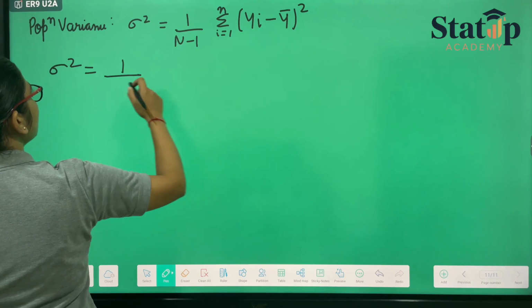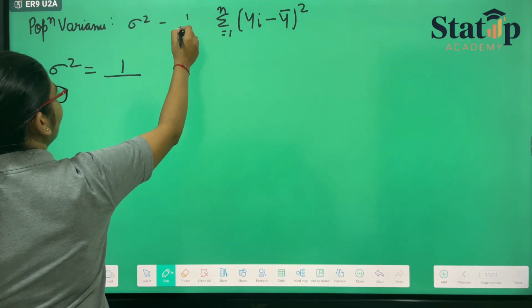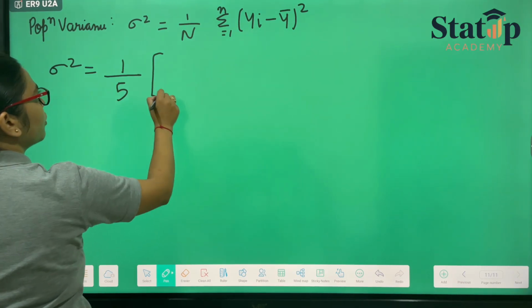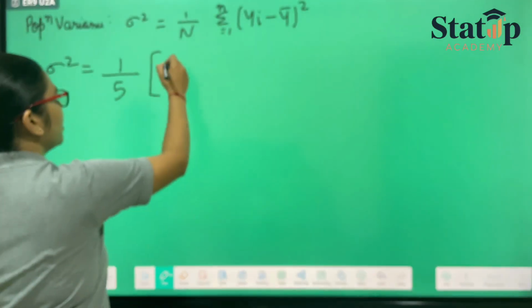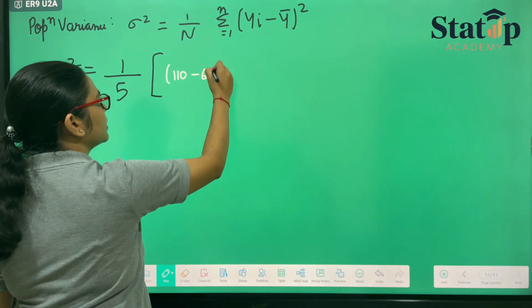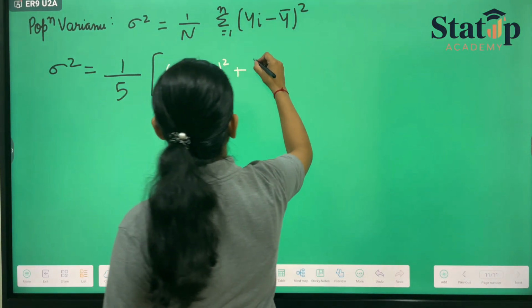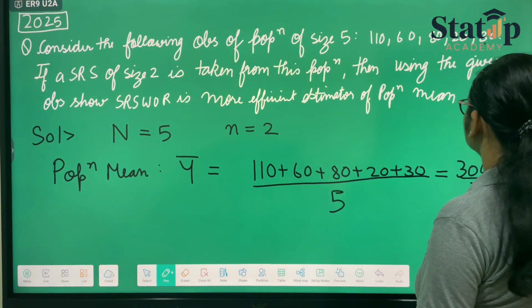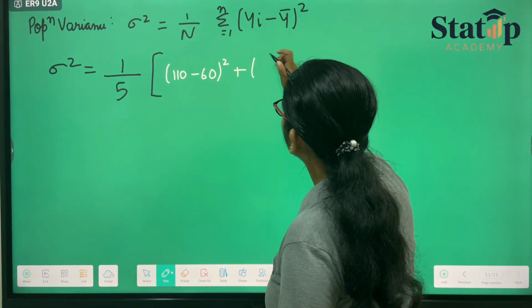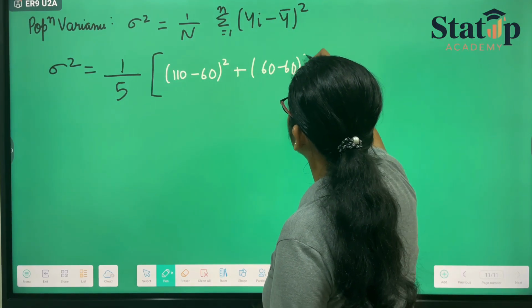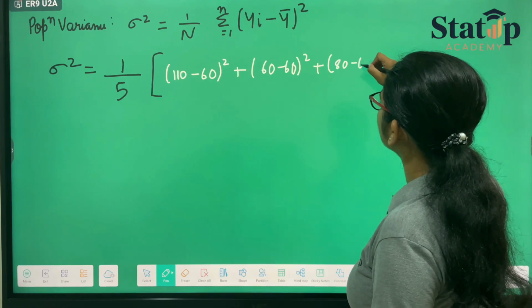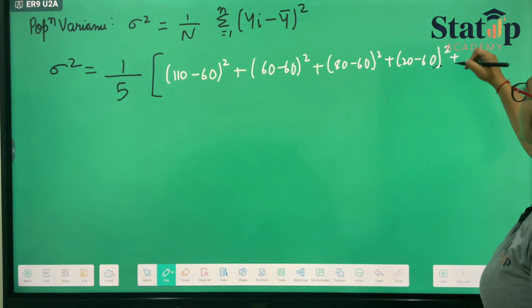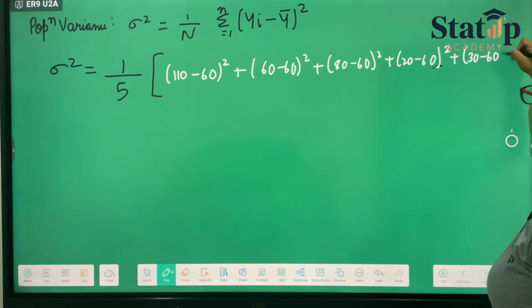The population variance is not capital N minus 1, it is only capital N, so it will be 5 only. Now summation of yi minus Y bar: 110 minus 60 whole square plus 60 minus 60 whole square plus 80 minus 60 whole square plus 20 minus 60 whole square plus 30 minus 60 whole square.